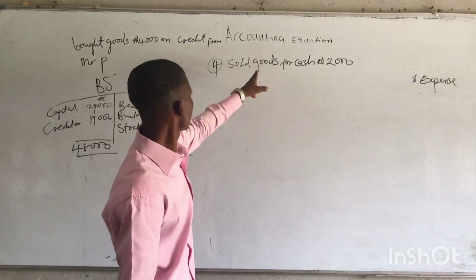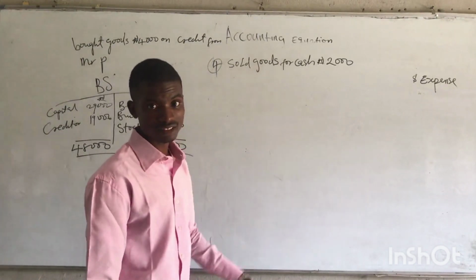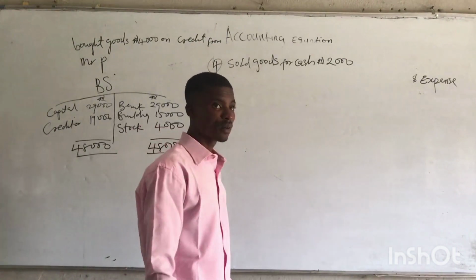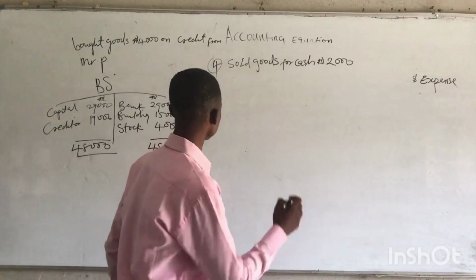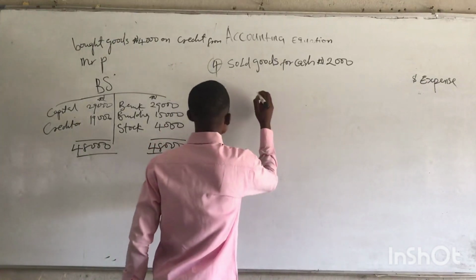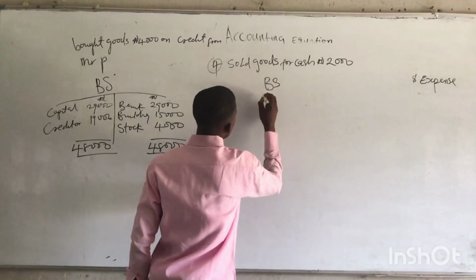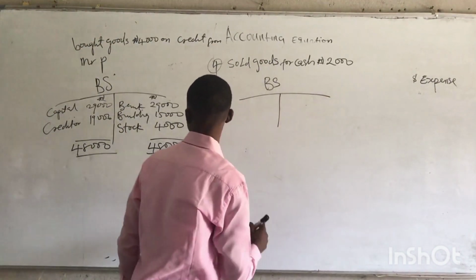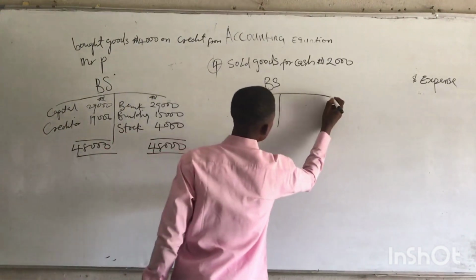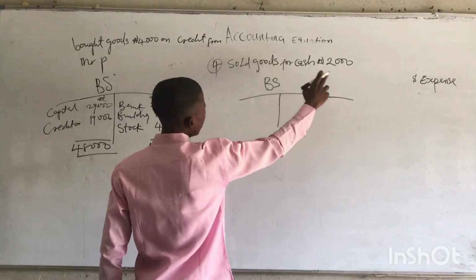The two accounts involved here are the cash account and the stock account. Let's see how the change is going to occur in the statement of financial position.